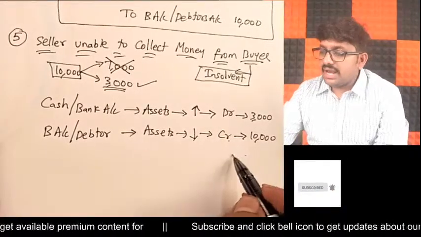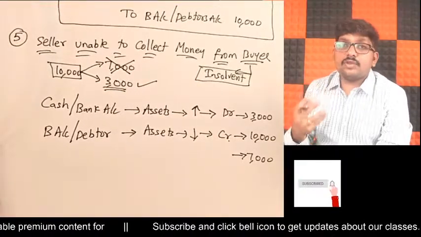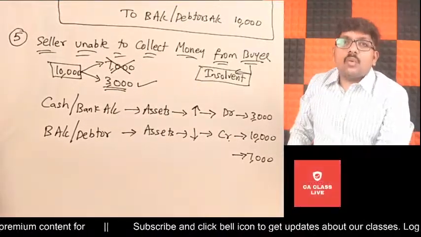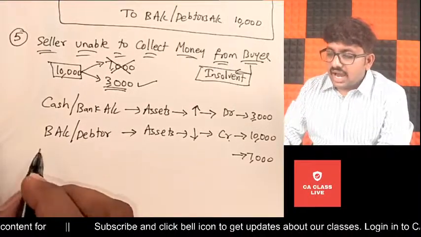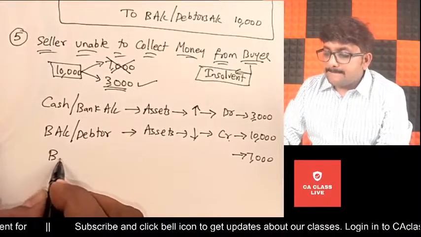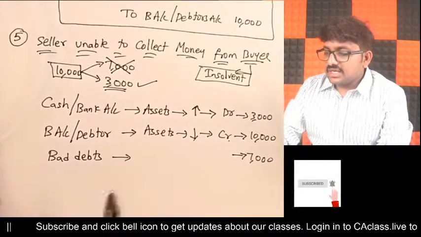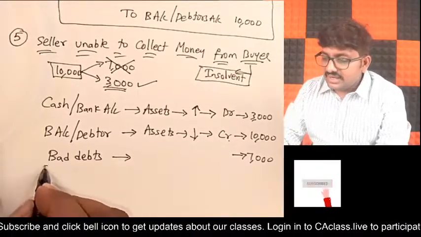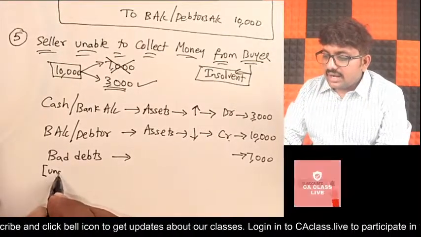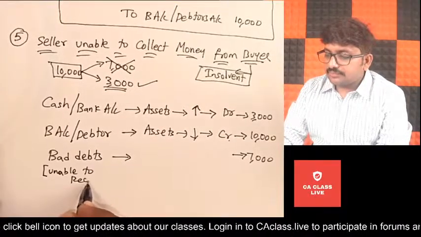What about the remaining 7,000 rupees, sir? That is the amount that we are unable to receive. Whatever I am unable to receive on account of insolvency, I call it bad debts. Bad debts represent an inability to receive the money.